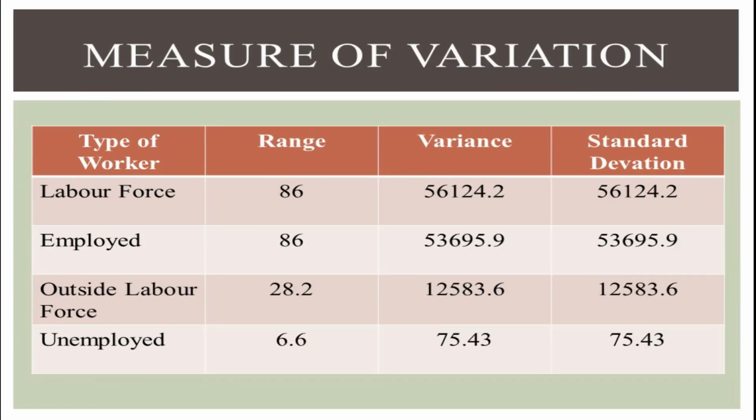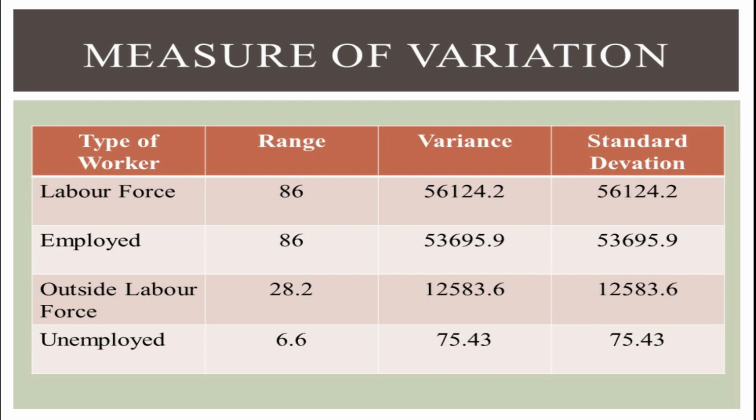Measure of variation. Labor force is range at 86, and variance at 56,124.2, and standard deviation at 56,124.2. For employed is range at 86, and variance at 53,695.9, and standard deviation at 53,695.9.